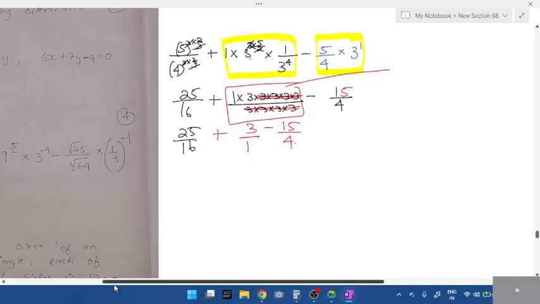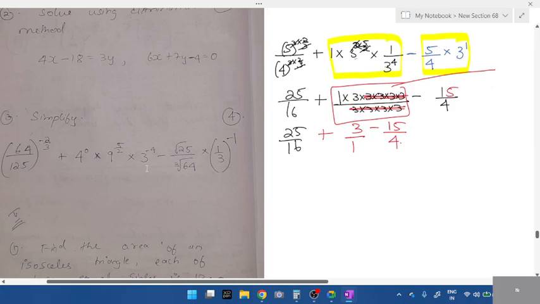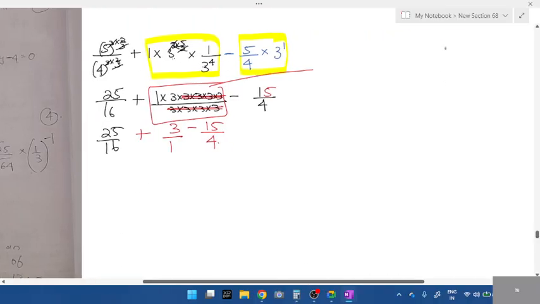For the previous question, what did we get? X and Y. What was the value? 25 by 16, fine, we'll calculate this. 25 by 16 plus 3 by 1 minus 15 by 4. The LCM for this is, what's the LCM, student?